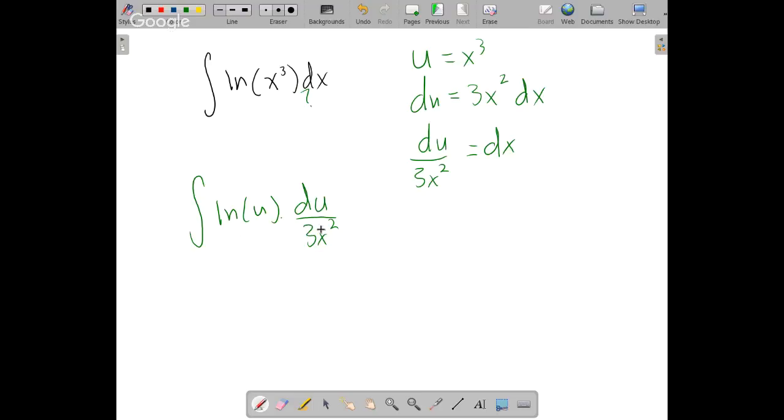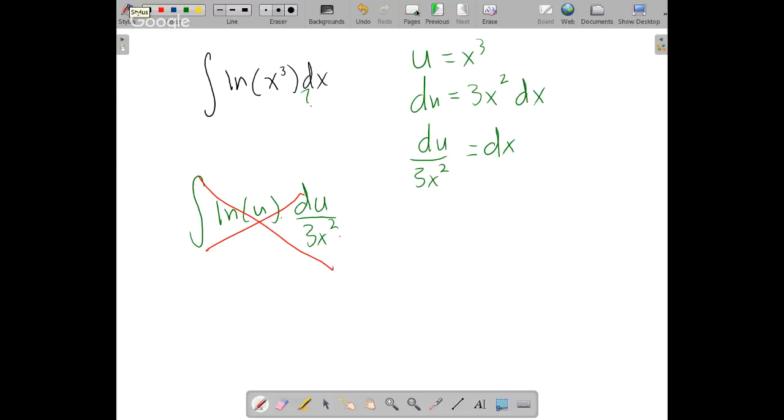But the problem here is that now I have u's and x's. That's two variables in the integral, and this is a mess. And so that is not helpful. Okay, so because this x term was missing, that was a problem. So I need another technique for that.